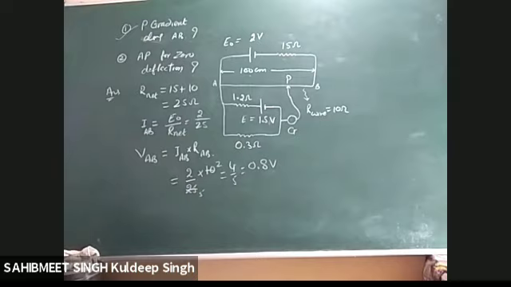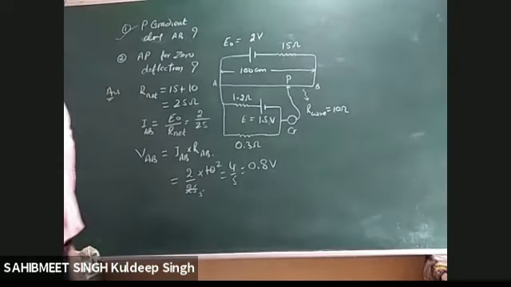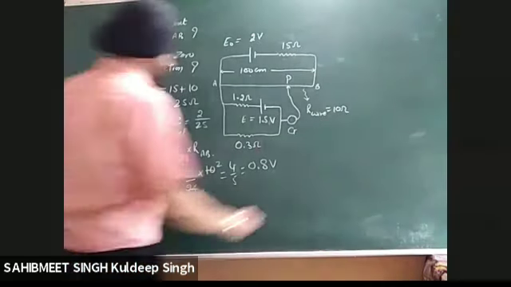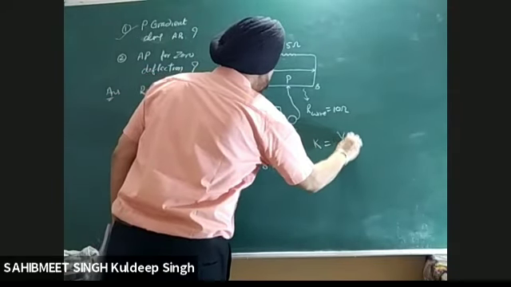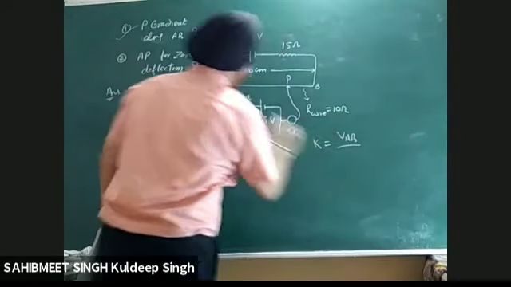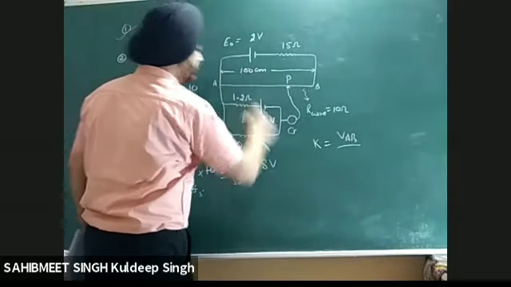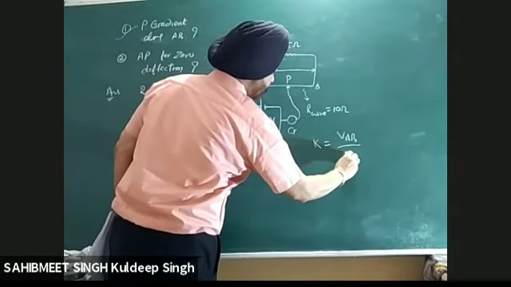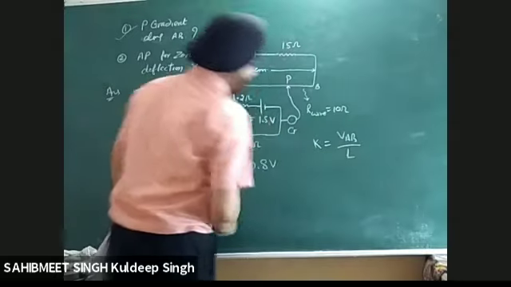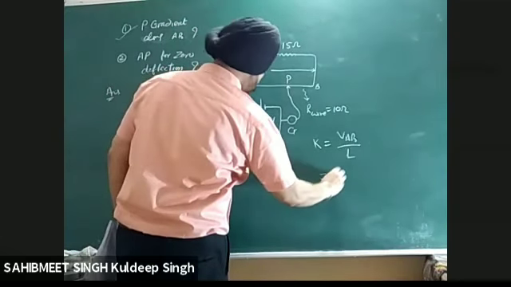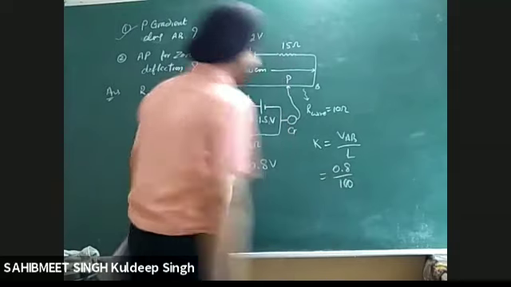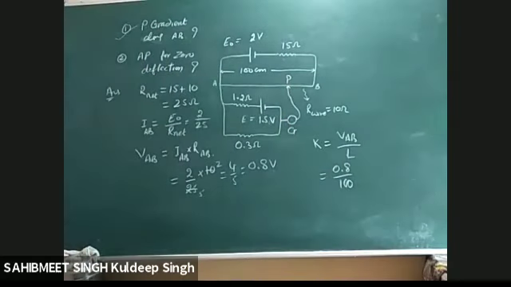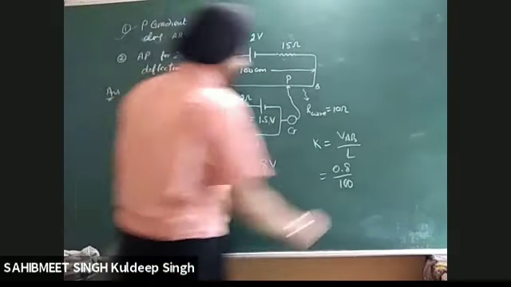So we are very close to the potential gradient. You know the formula now. What is the potential gradient? K equals the potential drop across the wire divided by the length of the wire, capital L. This is equal to 0.8 divided by 100 centimeter. You may put in meter also; I am putting in centimeter.